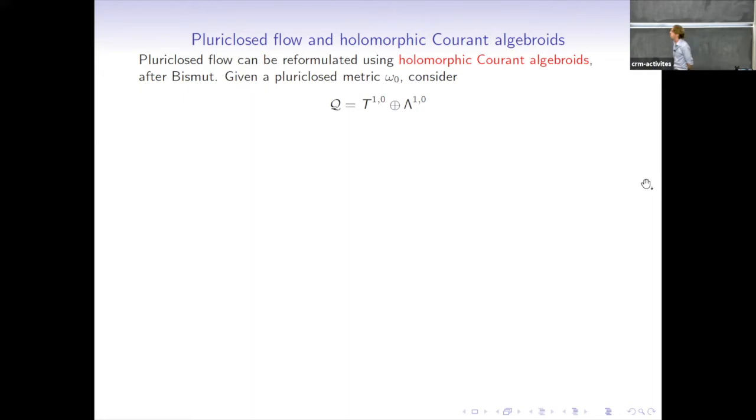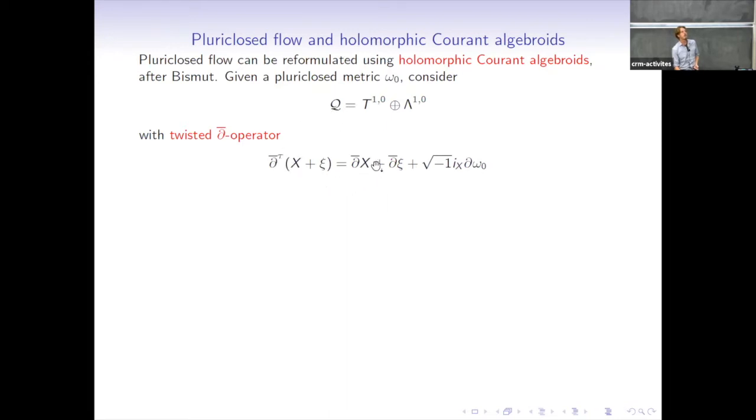So we fix a Pluriclosed metric omega naught. We consider this holomorphic vector bundle Q, which is T10 plus lambda 10. And then we define a twisted D bar operator. The subscript should be L omega naught, it's supposed to indicate that. In any case, this twisted D bar operator is defined using the metric omega naught.